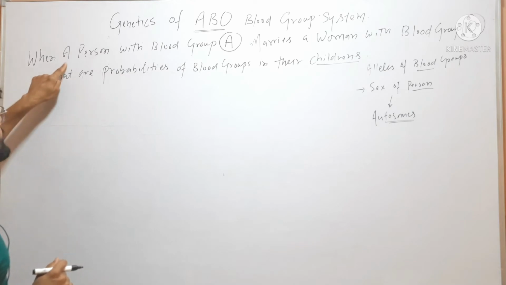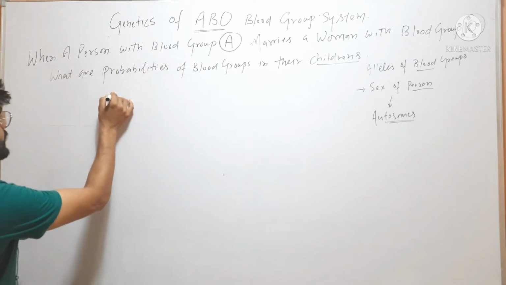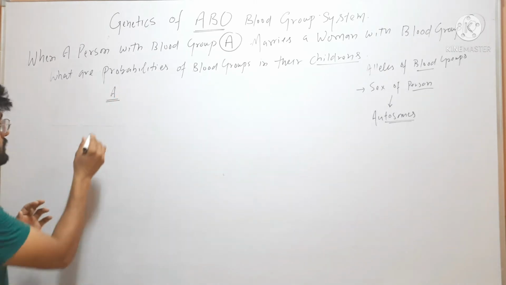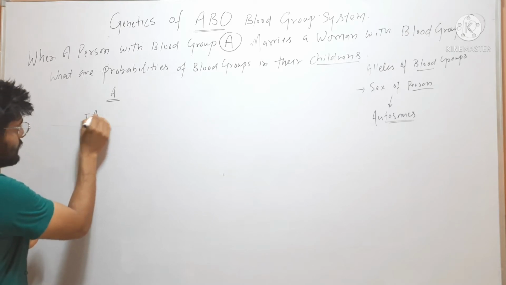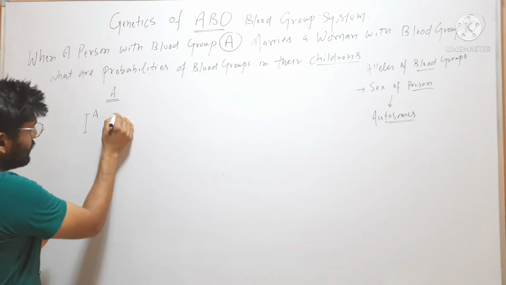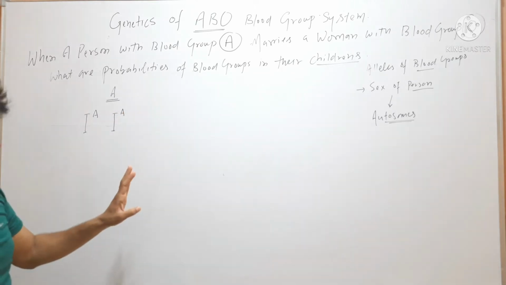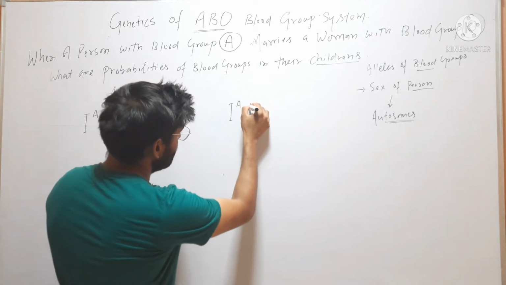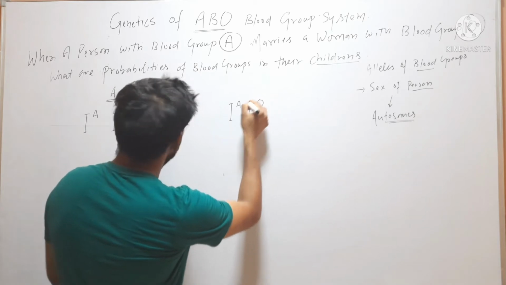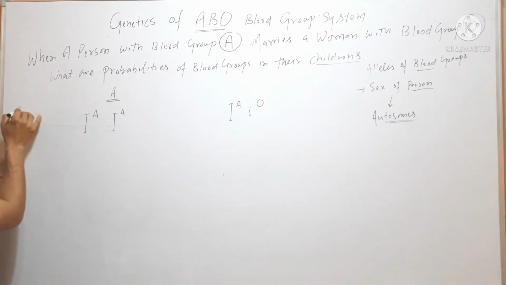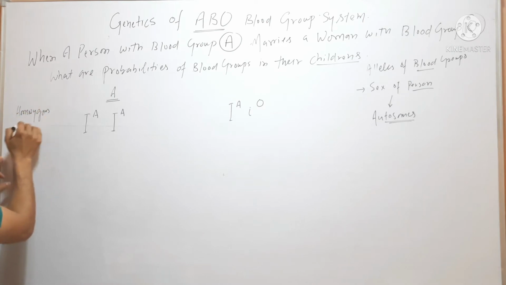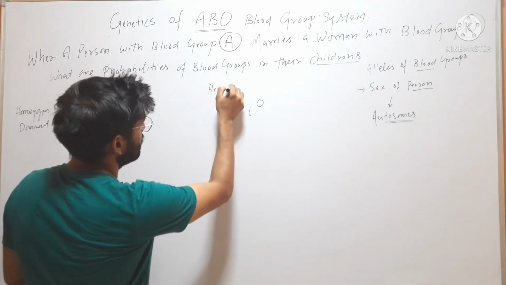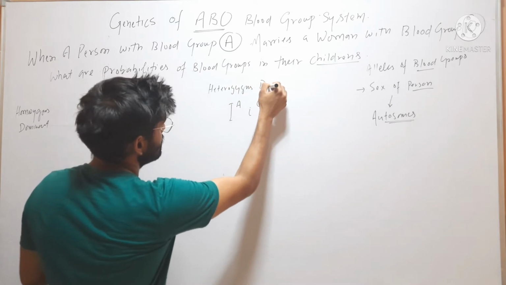Here, a person with blood group A, we know that blood group A has genotype IA IA, which is homozygous dominant, or it may have genotype IA and small i naught, which is heterozygous dominant.